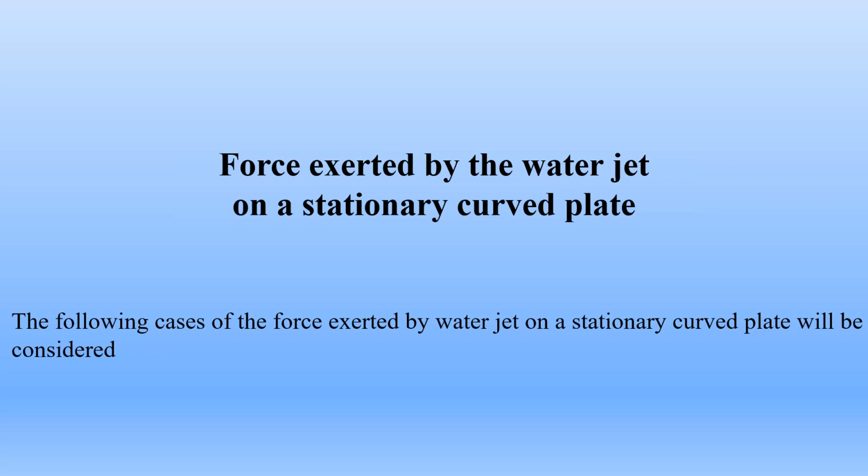Just now we discussed the force exerted by the water jet on a stationary flat metal plate. In the first condition, it is a stationary vertical flat metal plate. In the second condition, it is a stationary inclined flat metal plate. Whereas we are going to discuss the third condition.